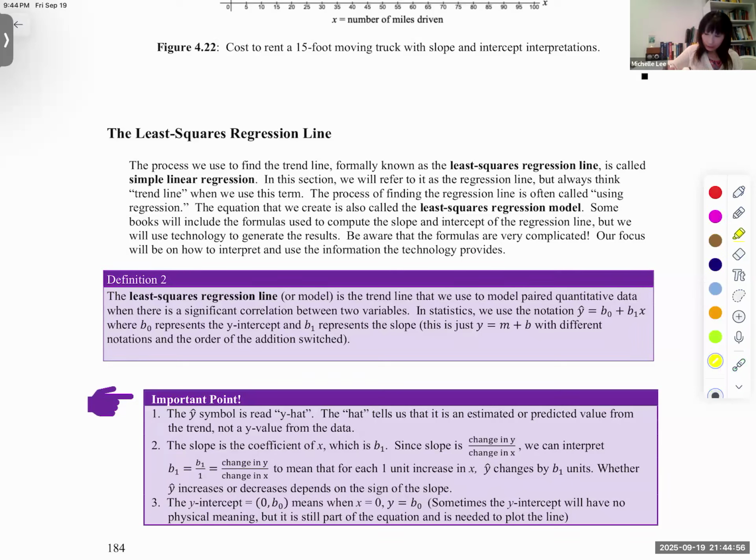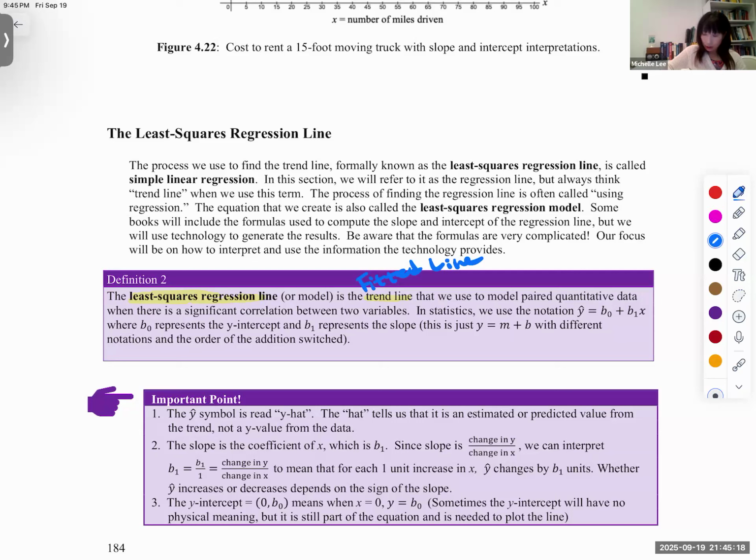So the least squares regression line, which is the trend line, which is the fitted line in StatCrunch. Then we have that equation.